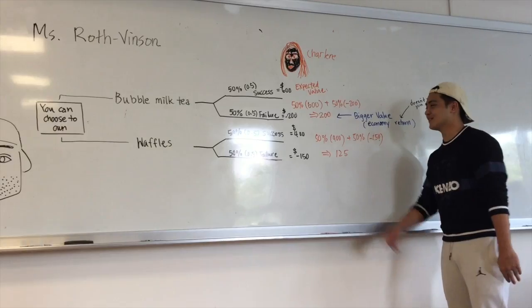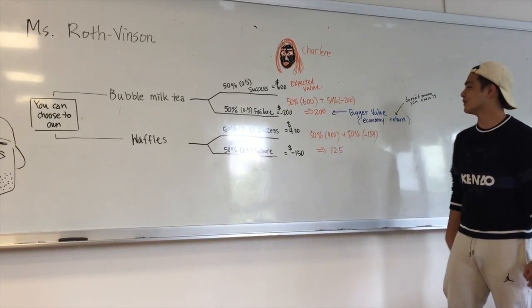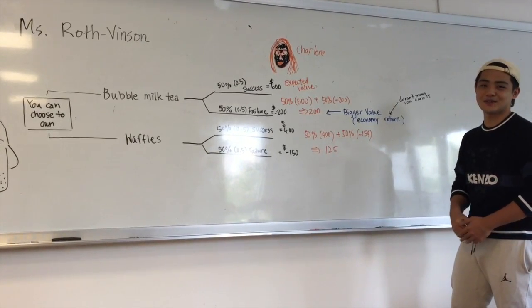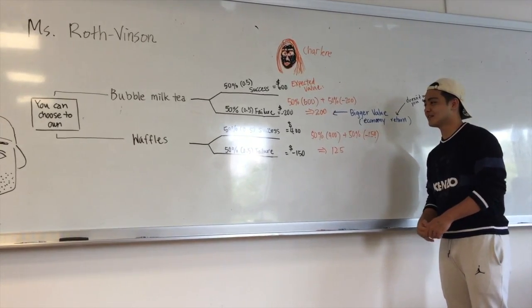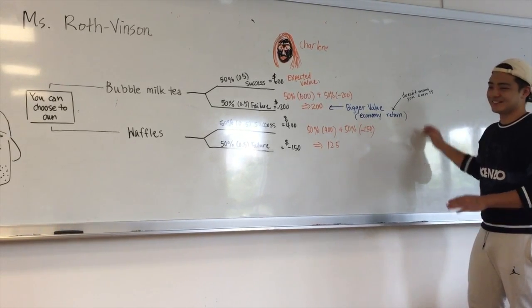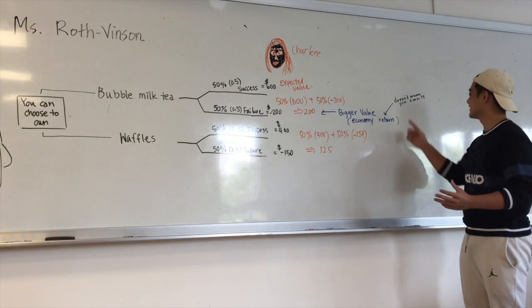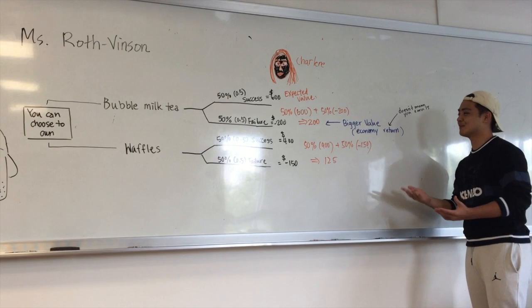So you can see 200 is greater than 125, so that's a bigger value of the economic return. It means that in this case you can expect to make more money than the other in the long term, but it's just a possibility. It doesn't mean you will earn it in real life.